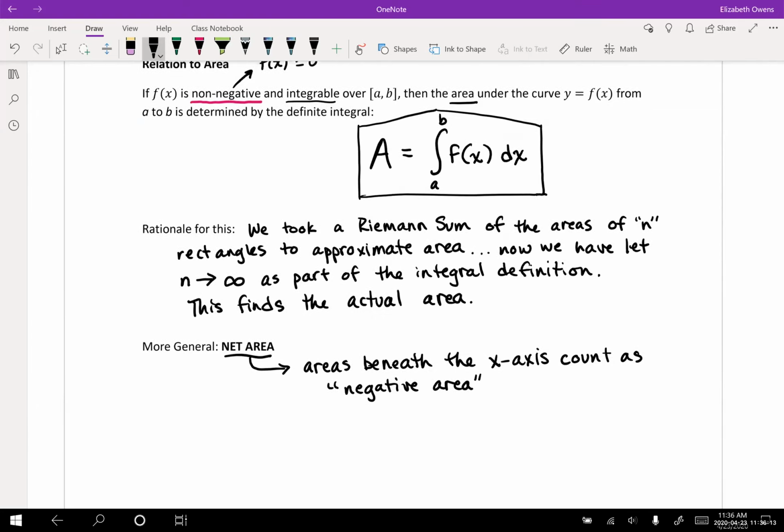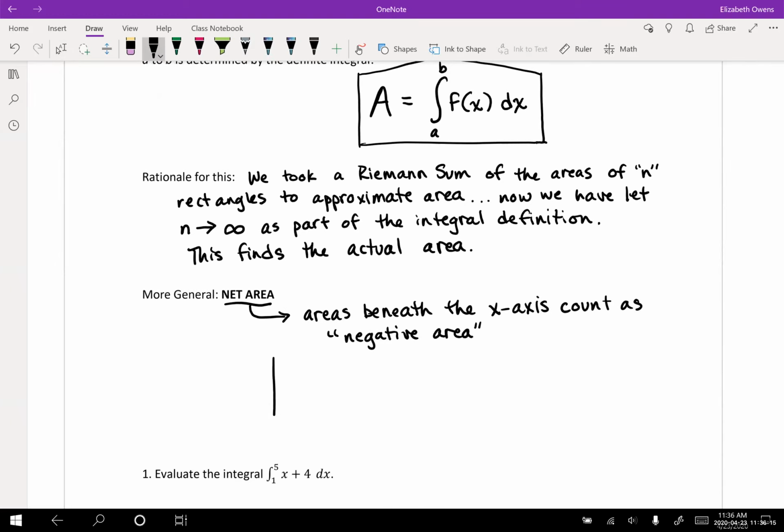So if you had a function that had some negative y values to it, so let's say here's our function x versus f of x, and your function went something like this. And you were trying to find the integral from a to b.